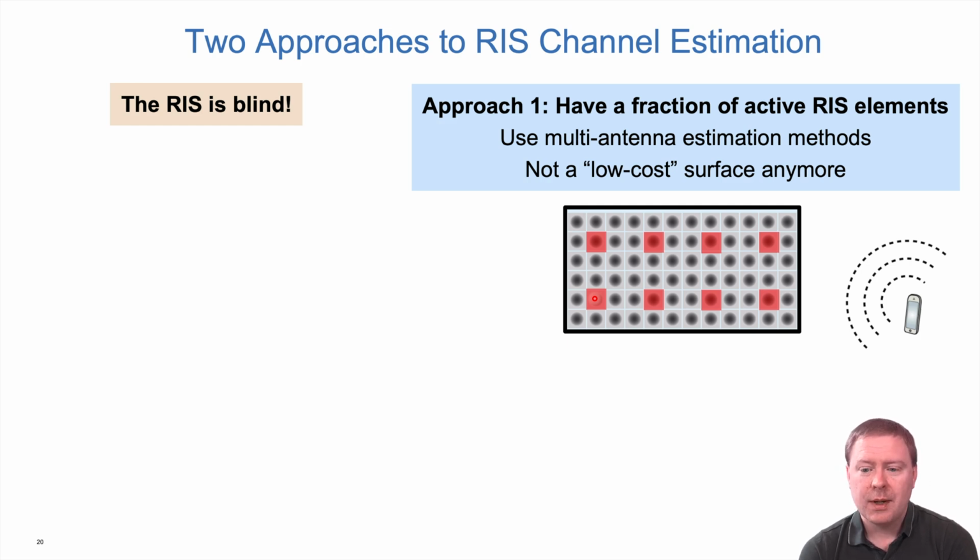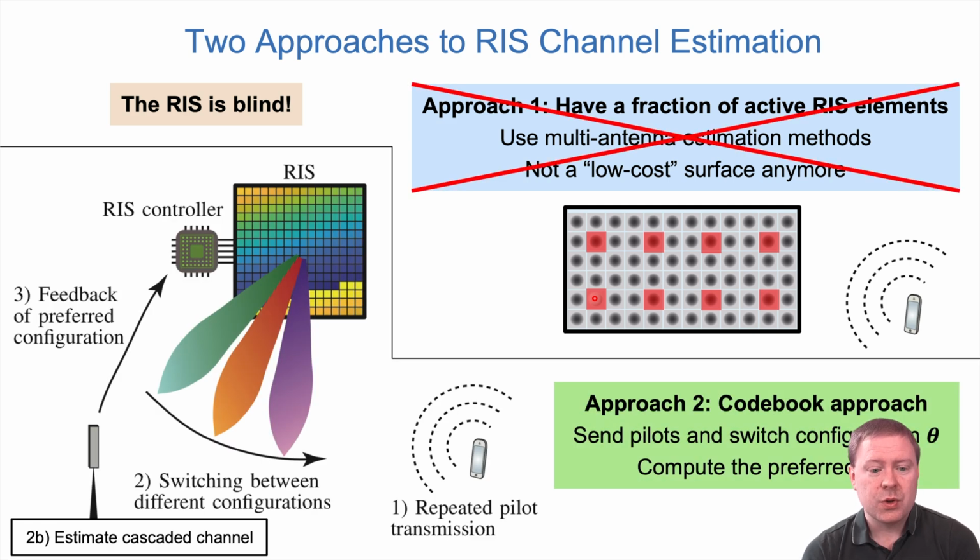The problem is that it will not really be a low-cost surface anymore if we build it in this way, because even if, say, 5% are these antennas, if we have 200 elements, we still need 10 antennas, so it starts to become large numbers and quite an advanced MIMO technology as soon as we turn some of the elements into actual antennas. So instead of approach 1, we want to take approach 2, which is the following.